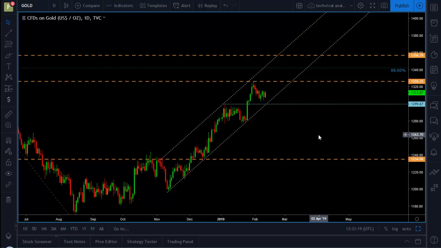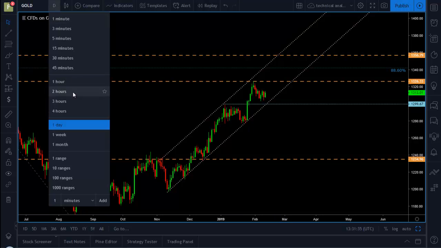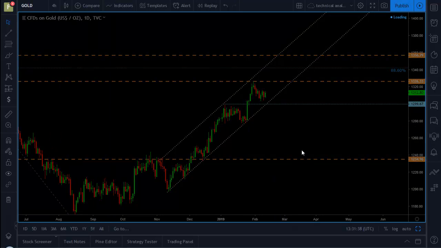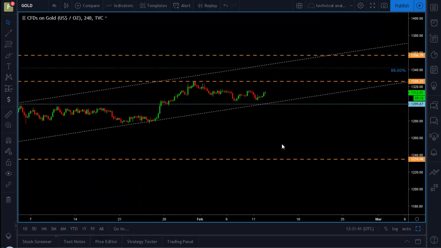So in the pre-market, we have noticed that we are capped on the downside by the 1304 level, and on the upside by the 1315 level. Let me just pull out a 4-hour chart, maybe, so you can actually see the levels that I'm talking about.